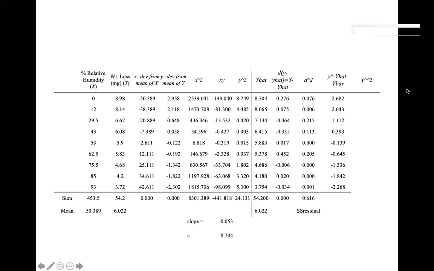And so it's basically y hat minus y bar. So it's the predicted value 8.704 minus y bar, which is just the sum of all the y values divided by the number of values that you have. It's just the average of y, which is the average of weight loss, which is 6.022.